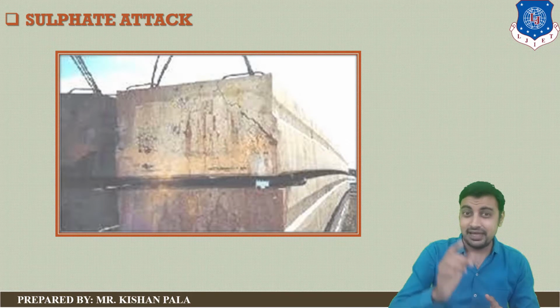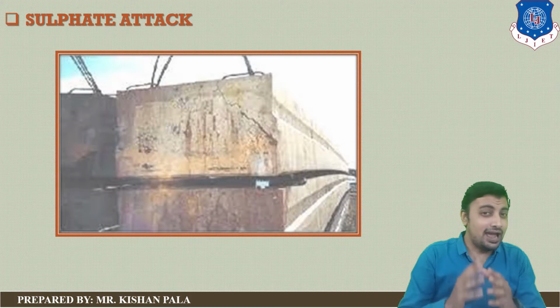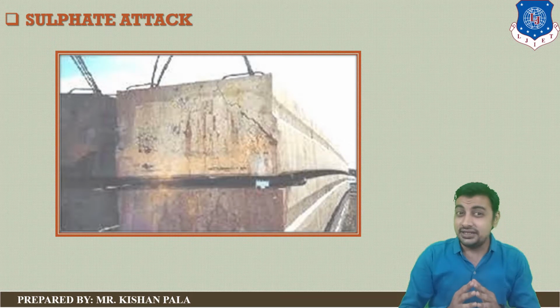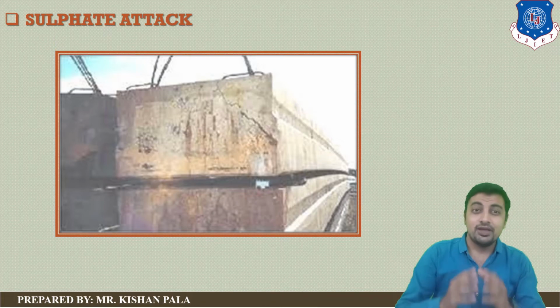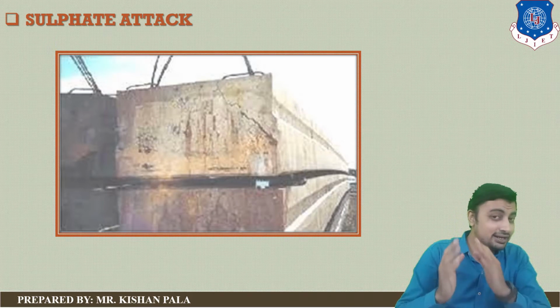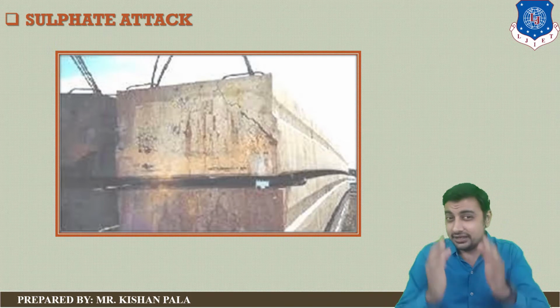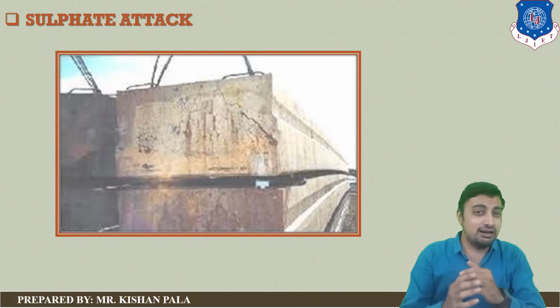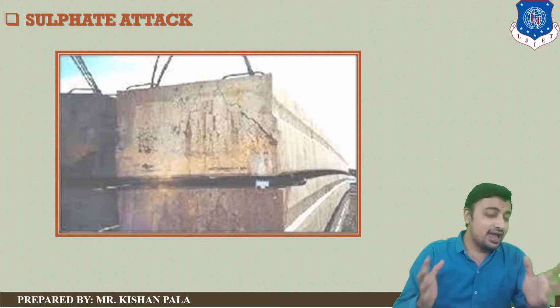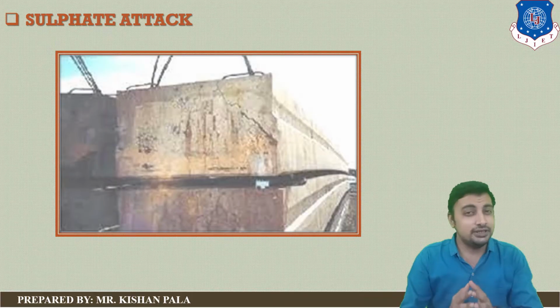The gypsum and the calcium sulfoaluminate have a considerably greater volume than the compounds they replace, so the reaction with the sulfate leads to expansion and disruption of the concrete.